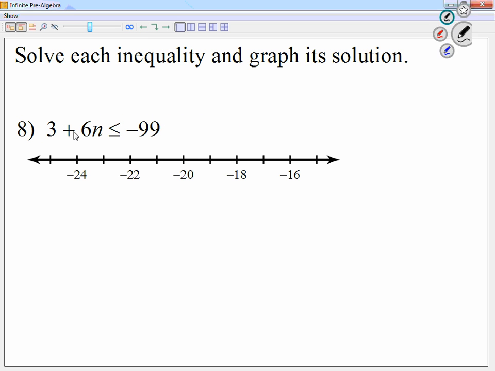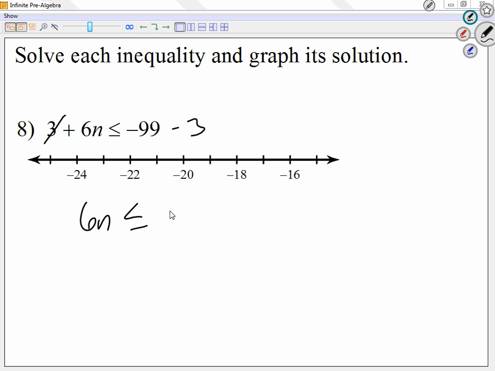All right, so for number 8, my plus 3, I'm going to move it to the right side as a negative 3. So I'm going to have that 6n is less than or equal to negative 102. Let me divide by 6. I'm going to get that n is less than or equal to negative 17.